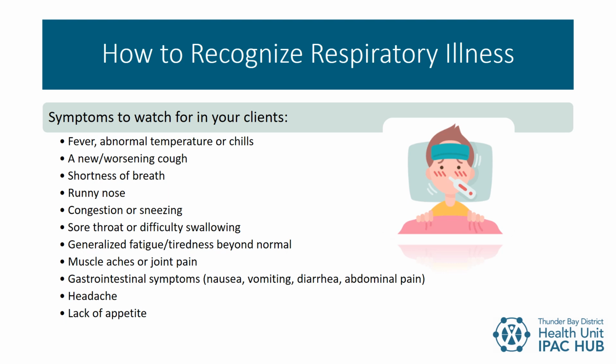Common symptoms of someone with a respiratory illness can include one or more of the following: fever or abnormal temperature or chills, a new or worsening cough, shortness of breath, runny nose, congestion or sneezing, sore throat or difficulty swallowing, generalized fatigue, tiredness beyond normal, muscle aches or joint pain, gastrointestinal symptoms including nausea, vomiting, diarrhea, and abdominal pain, headache, or lack of appetite.